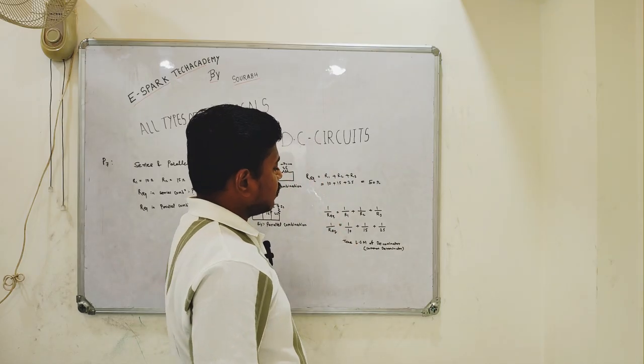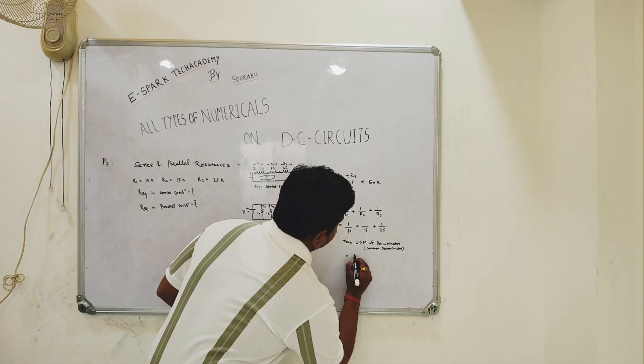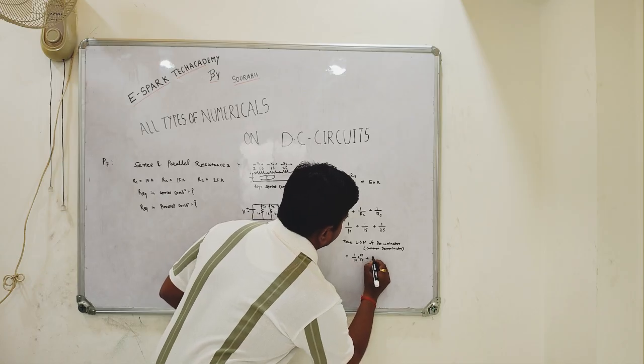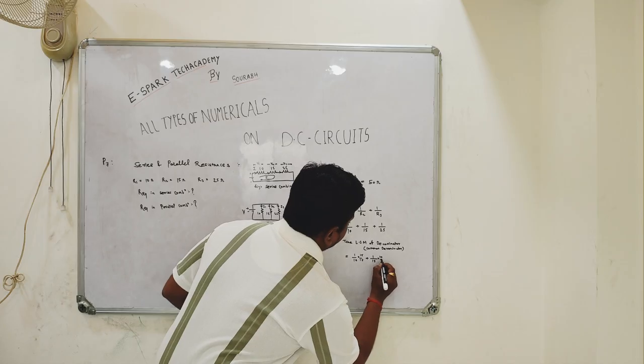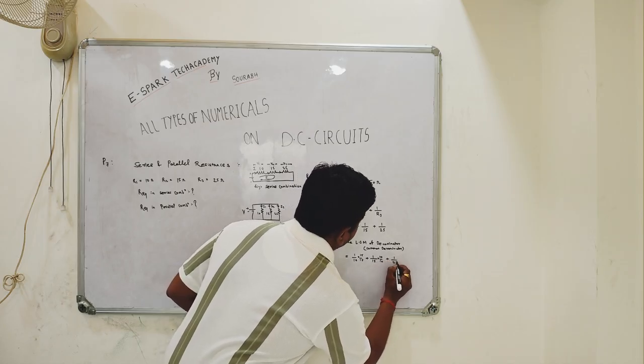Now, in order to make denominator common, we will have to multiply this by 1 by 10 into 15 plus 1 by 15 into 10 plus 1 by 25 into 6.